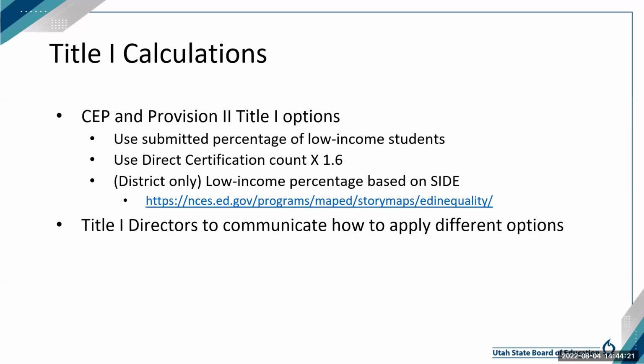Was that covered? Yep. Okay, great. And then if they do have questions about CEP or provision 2, their food service director can contact their specialist or can contact me as well. Thank you.